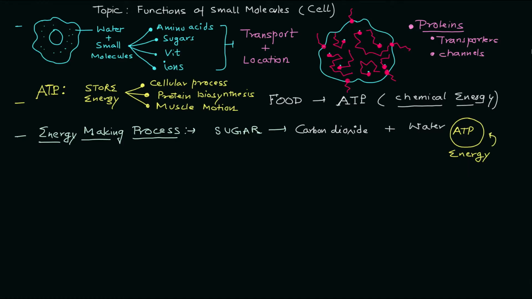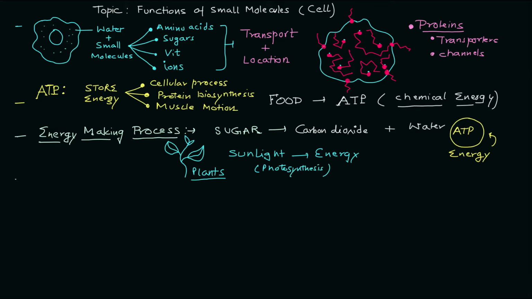Another process that is happening inside the plant is basically the formation of energy from sunlight, which is also known as photosynthesis. So plants have an additional process, photosynthesis, to generate energy.